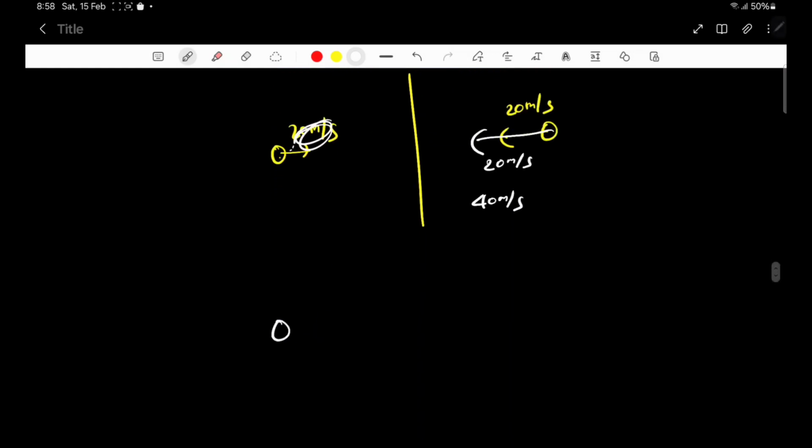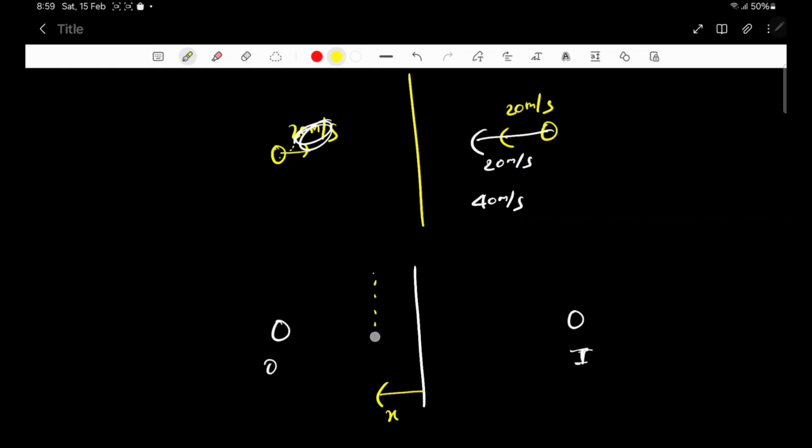Now consider this case. We have an object over here and the image over here. Both are located at the equal distance from the plane mirror, right? And now, instead of moving the object or image, what would happen if you are moving the mirror itself? If you are displacing the mirror toward the object by x distance, what will happen?